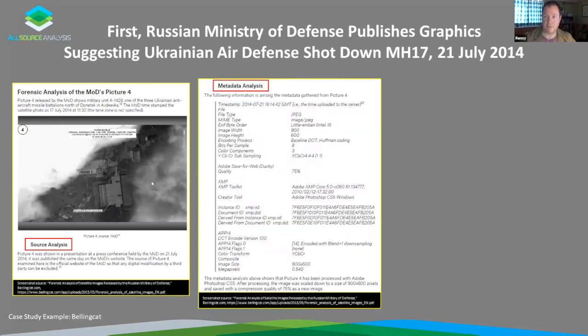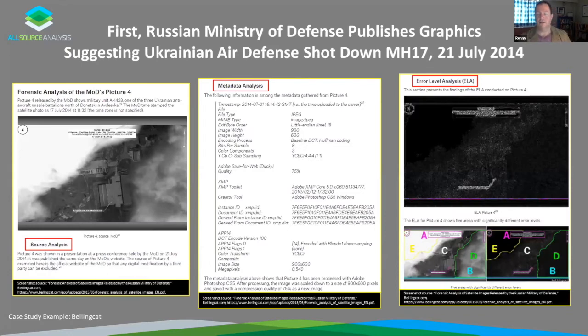Next, Bellingcat did a metadata analysis of the graphic. So they looked at each graphic. They looked at the file type, for example, the height and the width of the image, when it was created, the platform, the software that was used to create it, etc. Then Bellingcat went one step further with these graphics, where they did what they call an error level analysis.